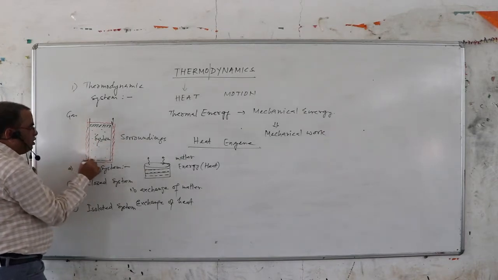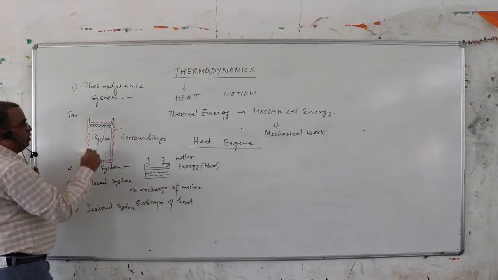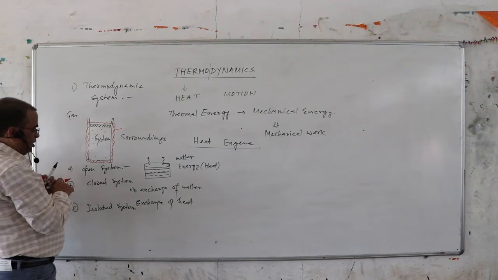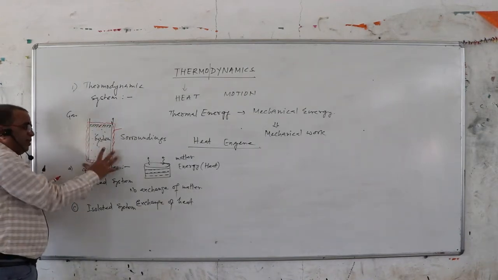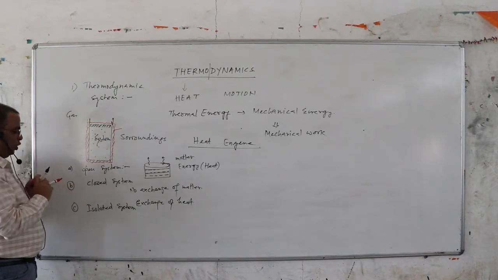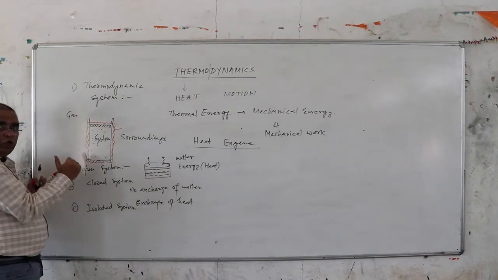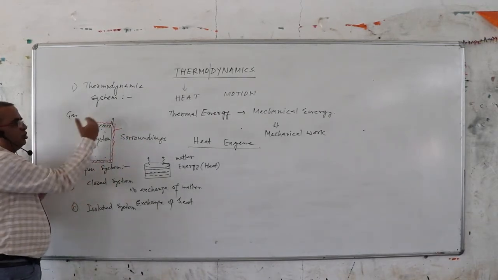You may make a blanket, a woolen blanket, etc. So this is what insulating means. That means this system is now completely insulated, covered by an insulator so that no heat is allowed to either enter the system nor leave the system and go to the surroundings.